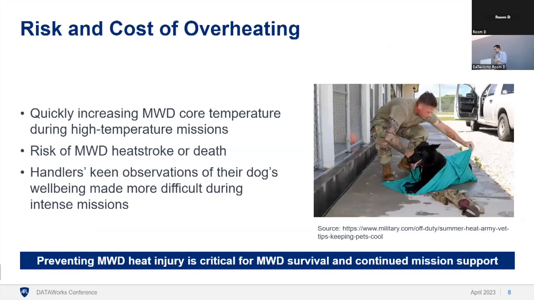As a result, the military working dogs are vulnerable to elevated core temperatures and heat-related injury. The handlers are generally very good at observing the dogs and knowing when they need to stop, but you can imagine during a mission, they're focused on lots of different things. So any sort of aid to provide them additional situational awareness and help them know how to best tend to their dogs is a real benefit.